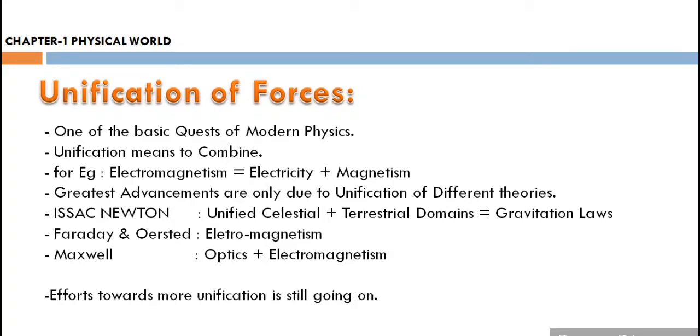Maxwell, another good scientist, combined optics and electromagnetism. Even though you don't know much about Maxwell, optics and electromagnetism, and how he combined them, he was the first one to find out that light is an electromagnetic wave. Clear? So light again shows particle nature, and light is also a kind of wave. Okay, this was proved by Maxwell.